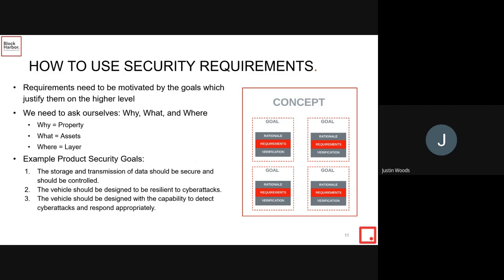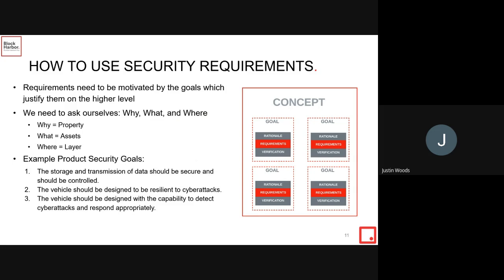So again, we need to look at the why, what, and where, the property, assets, and layers, and then see where it fits to protect those different functions, the privacy, all of that, and be able to align those through to the goal of perhaps keeping functionality or protecting privacy, right? Then all of those will align up to some greater concept.